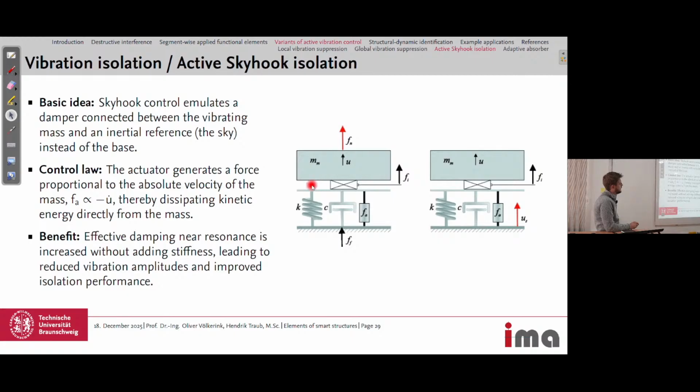And if we are in resonance or close to resonance, it could be that also the surrounding structure starts vibrating. In this case, we don't have a relative movement here, and then this passive damping would not work well.